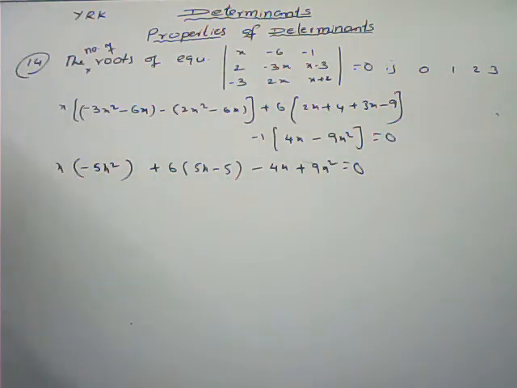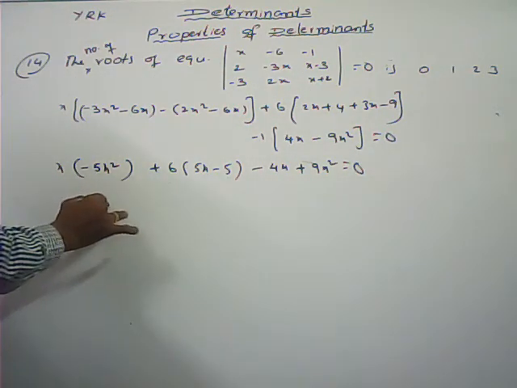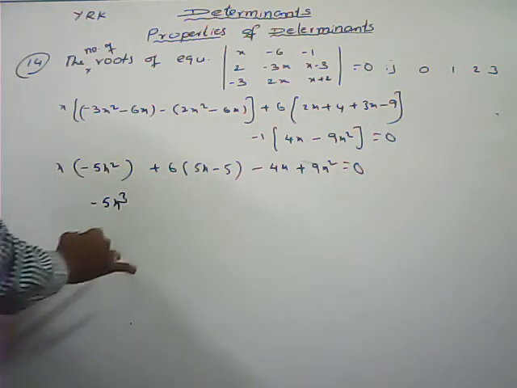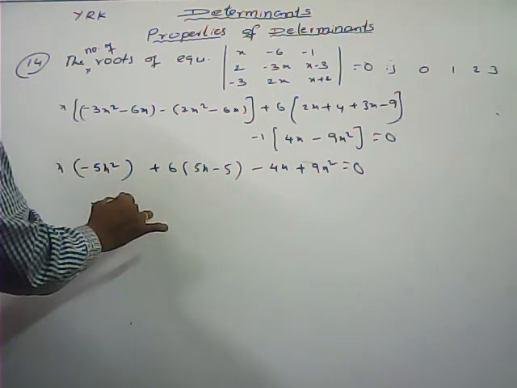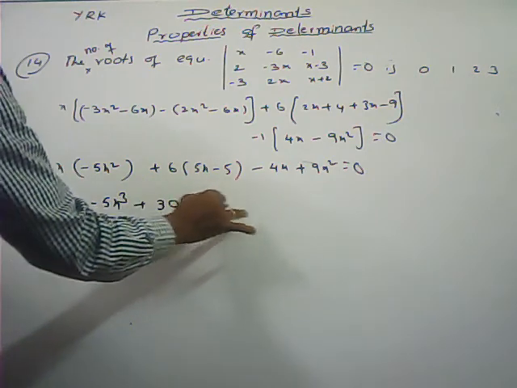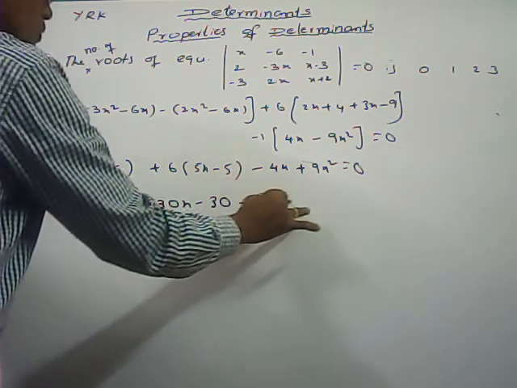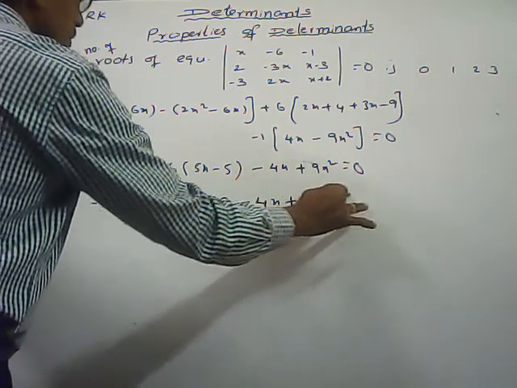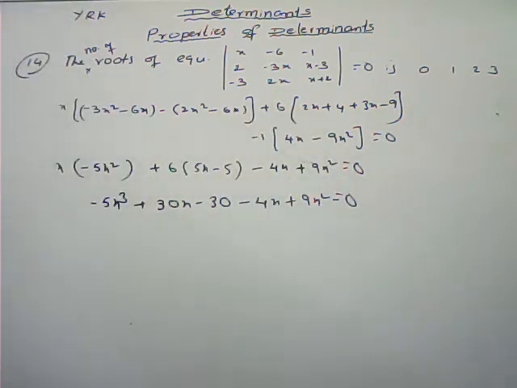Here minus 5x cube is there, minus 5x cube plus 30x minus 30 minus 4x plus 9x square, that is equal to 0.